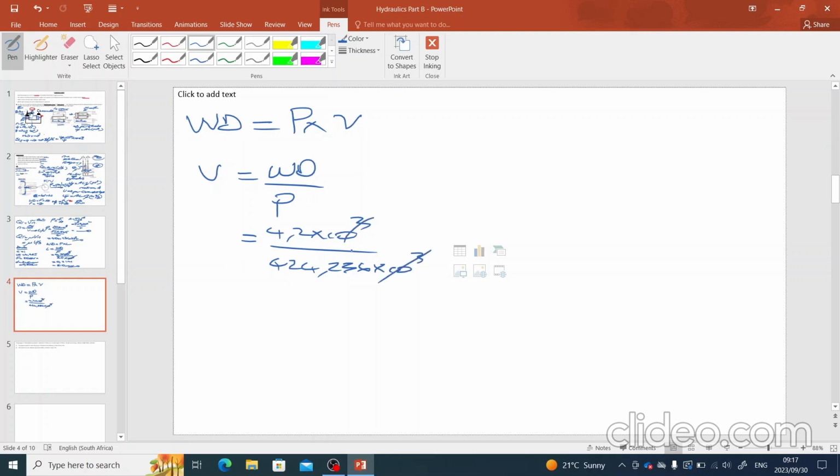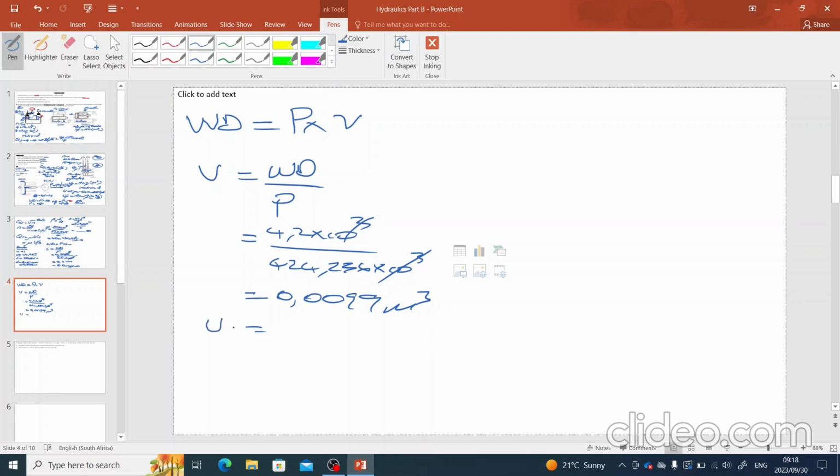The k and the k will cancel out, and we will be left with 0.0099 m cubed. They want our answer per working stroke, so that's what we get.